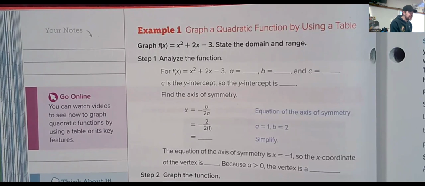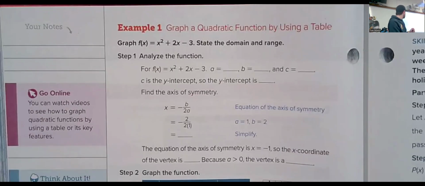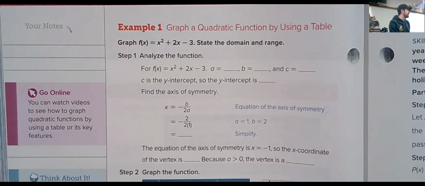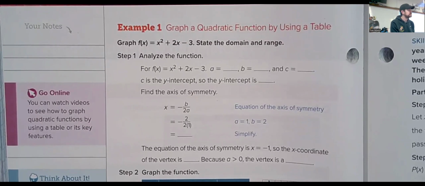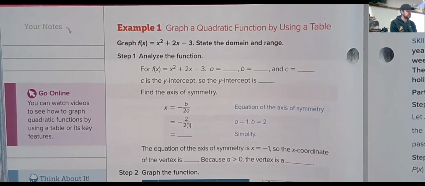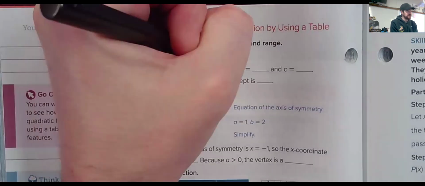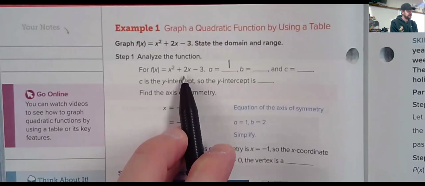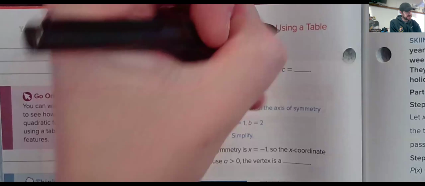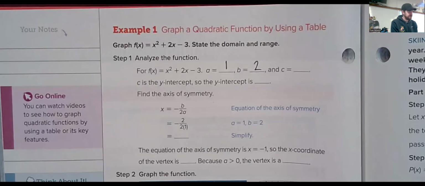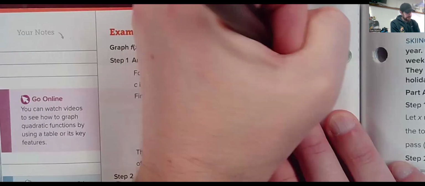So the first thing we're going to do is decide the values of a, b, and c. If there was a number next to x squared, what would it be? 1. So a is 1. What's the value of b? 2. What's the value of c? -3. All right.